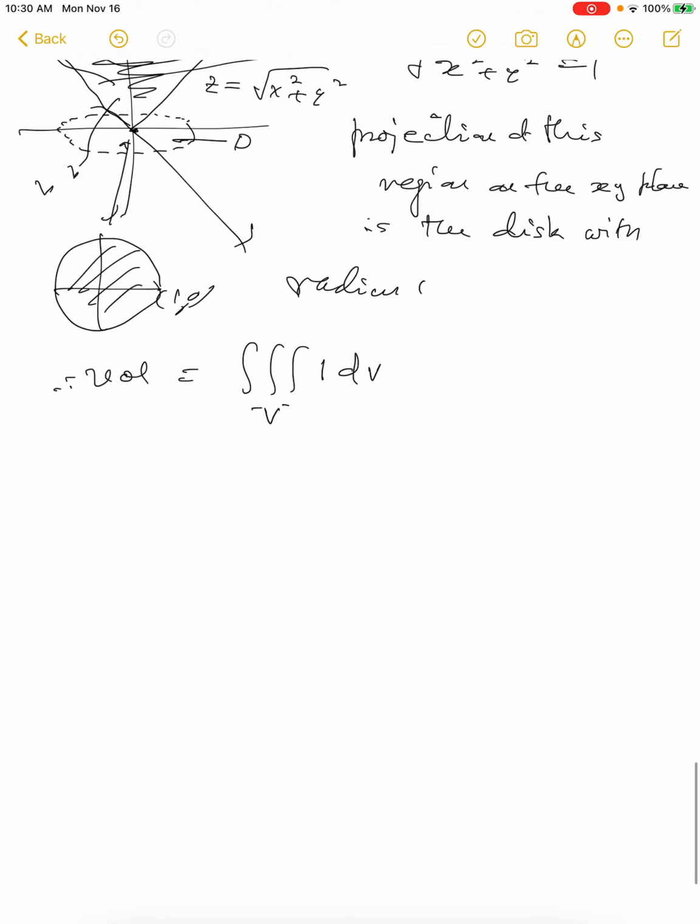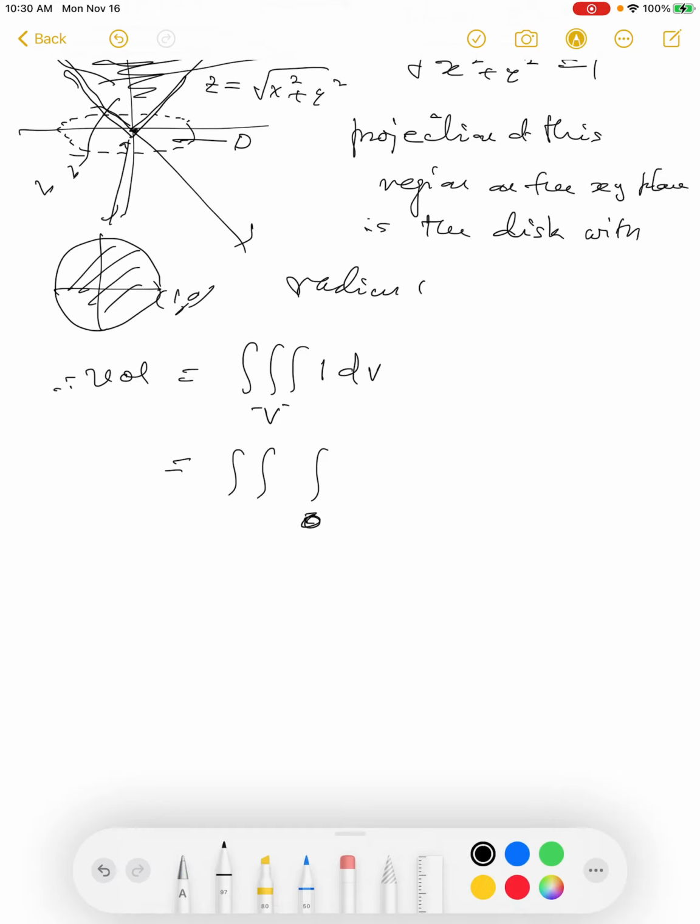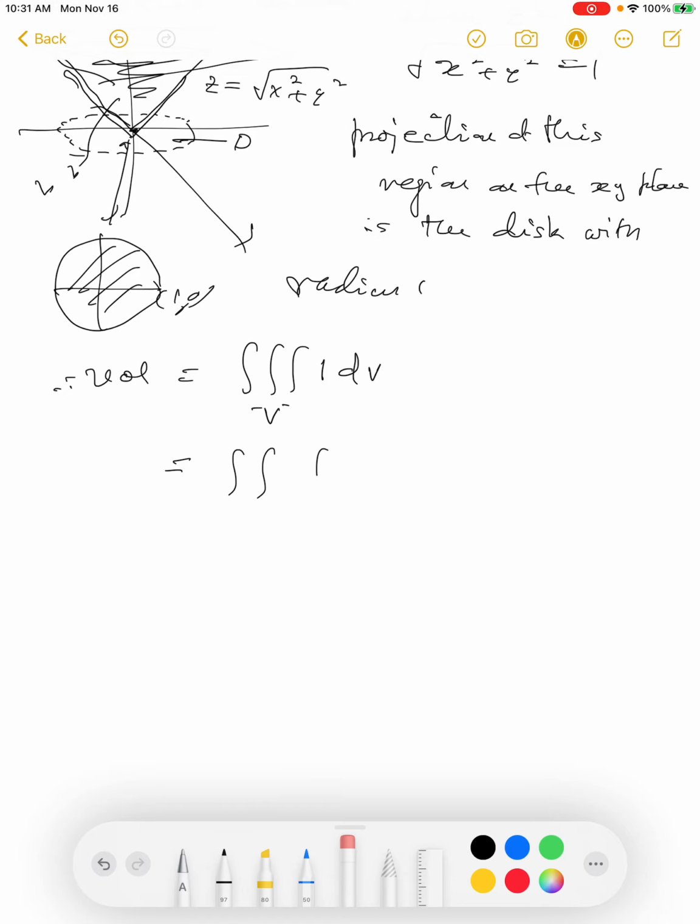So let's write this as a triple integral as a repeated integral. The lower surface is z equal to root of x square plus y square. The upper surface is z equal to 1.